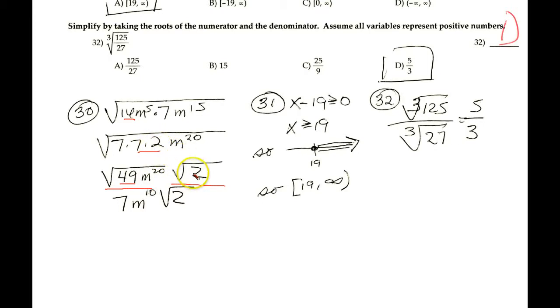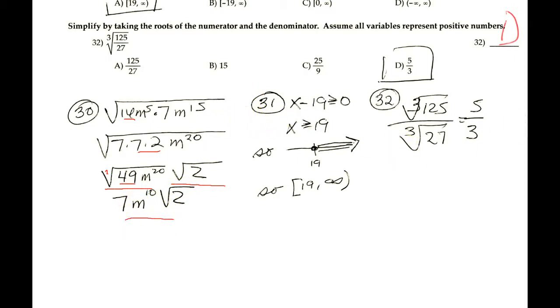And we have the 2 left over that we put there. We take the square root of 49 and get 7. We divide the 20 by that 2 that's out there, and that gives us a 10, and then this is what's left. And whatever answer that was, that's it.